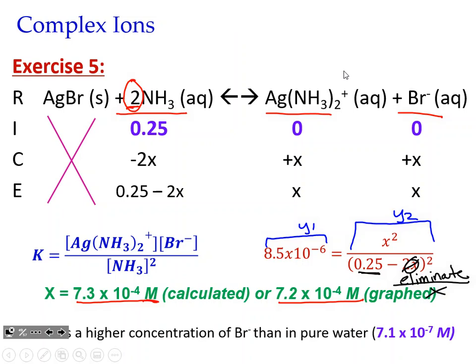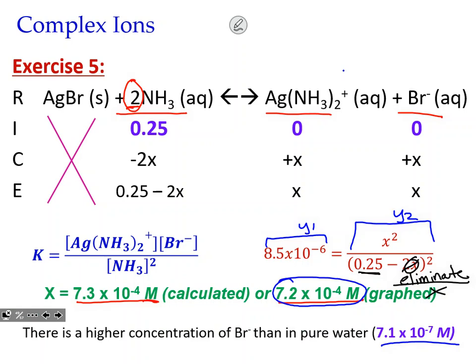Now, one other comparison to look at real quick is what was it in pure water? What was the silver bromide in pure water? 7.1 times 10 to the minus 7. So if we're looking here and comparing it to what it is now, because x, bromide is x, the molar solubility of the bromide of the salt definitely increased.